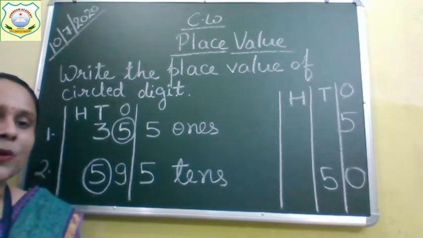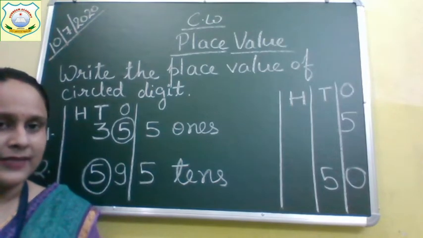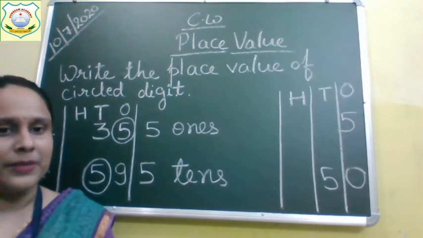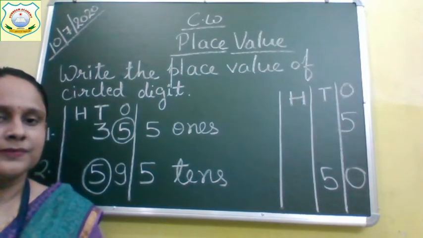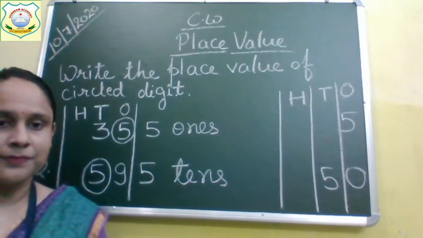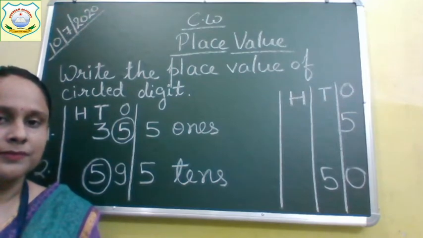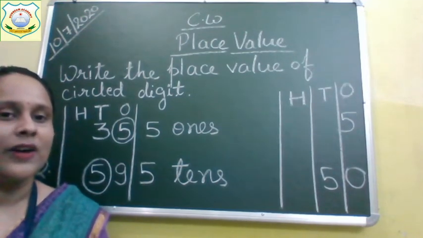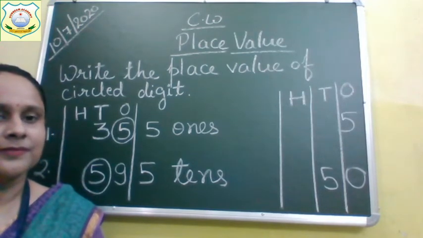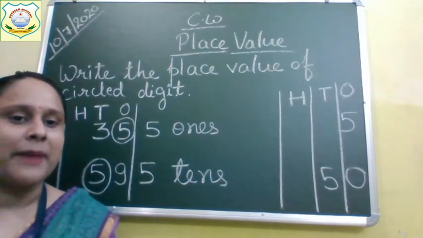Now I hope you all can easily write the place value of all the numbers up to hundreds. I am watching everyone. Children, complete your work. Don't write in bad handwriting.